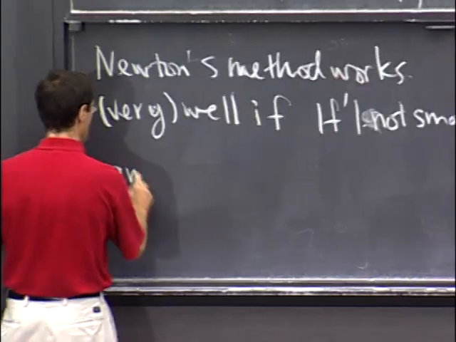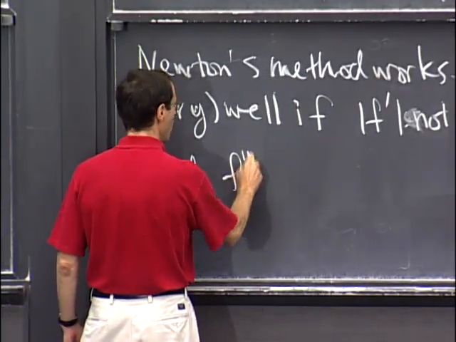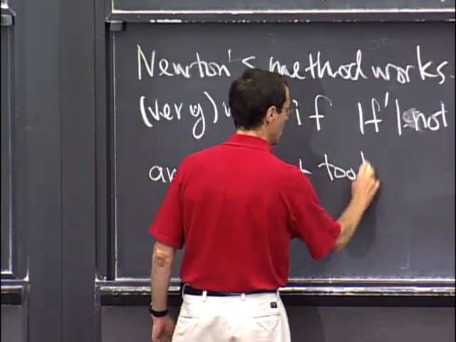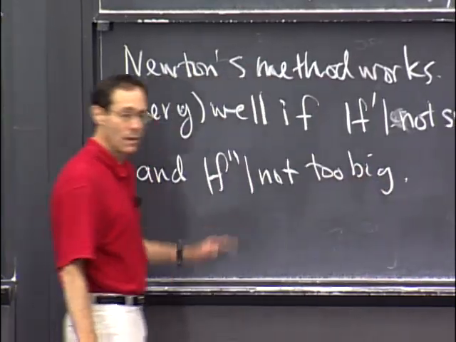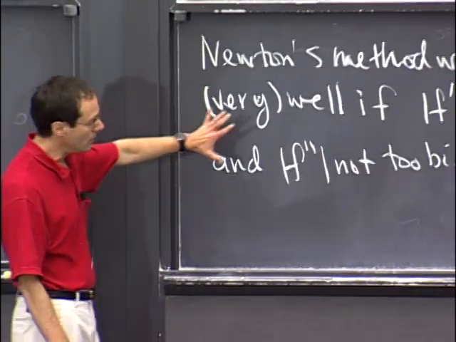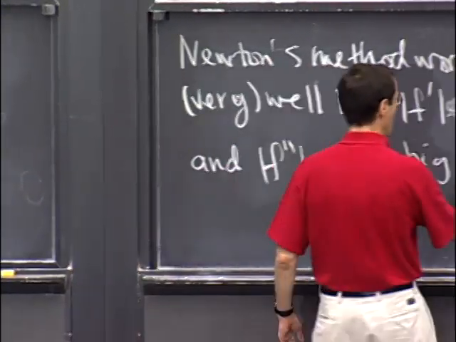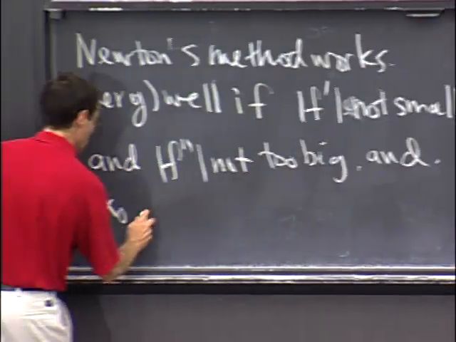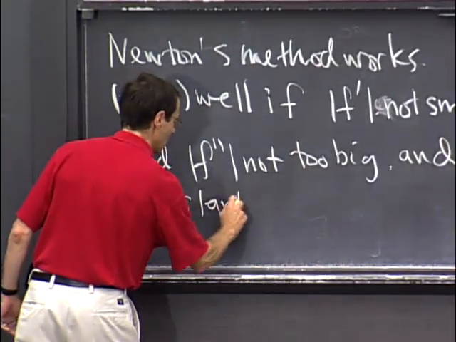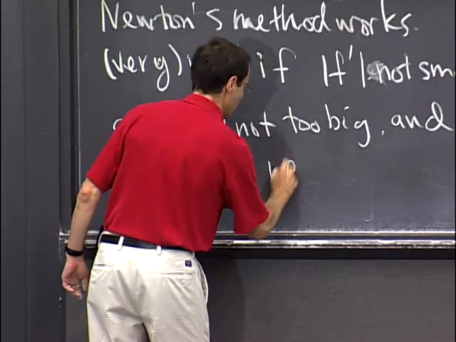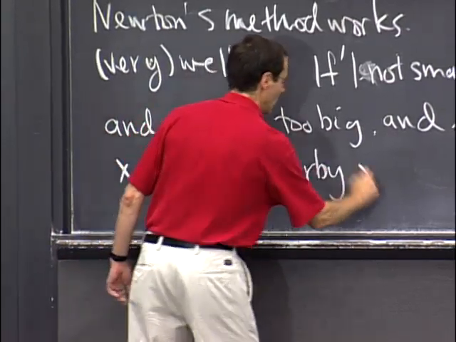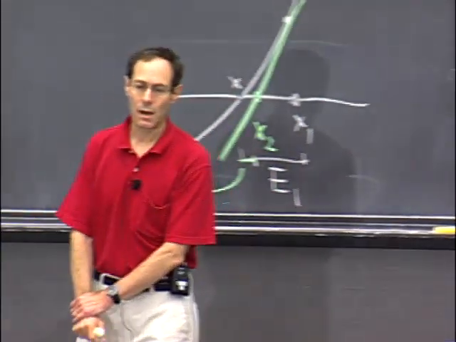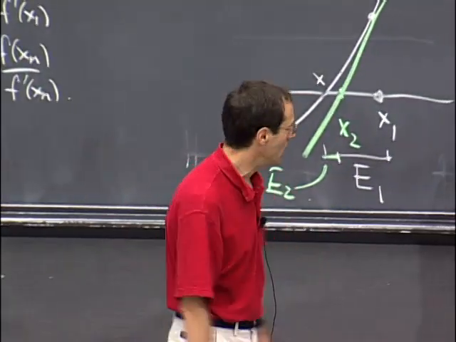And f double prime has to be not too big. That's roughly speaking what's going on. I'll explain these in just a second. And x0 starts nearby the target value x. So that's really what's going on here.